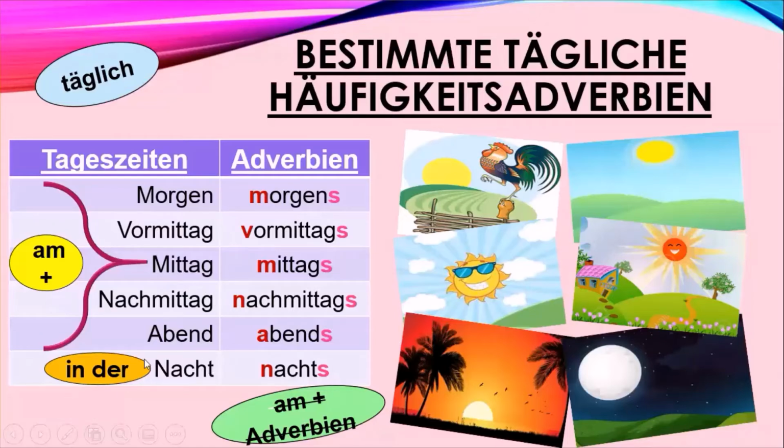But there is an exception because we do not use am with Nacht. For that, we will use the preposition in with the article der. In the night will be in der Nacht. Now, why we use der, I will explain later on as we cover a new grammar case which I have not covered in my previous tutorials.